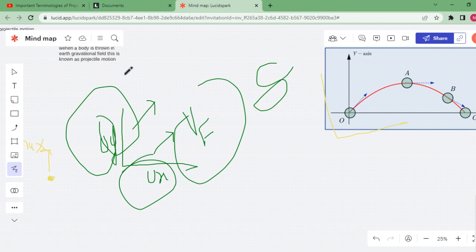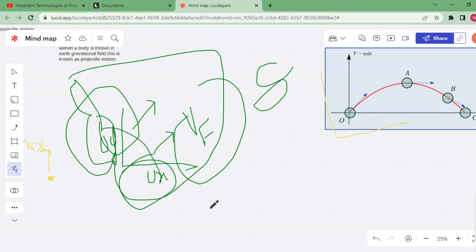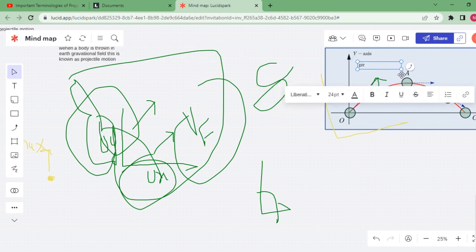We can divide this into two directions, ux and uy independently, and yes, this path is known as the trajectory path. I forgot to tell it. This is the projectile trajectory path.